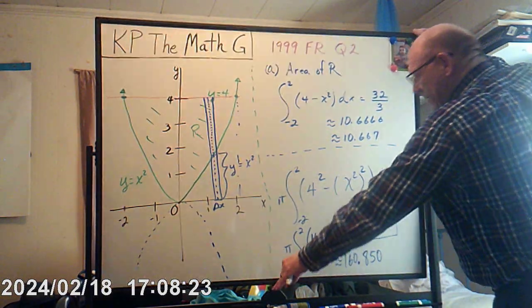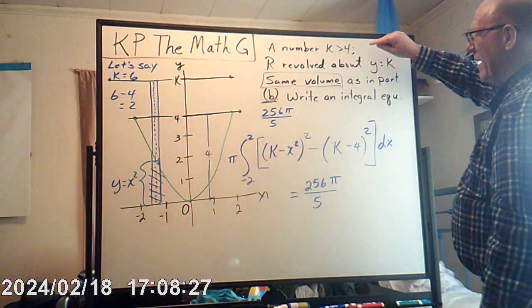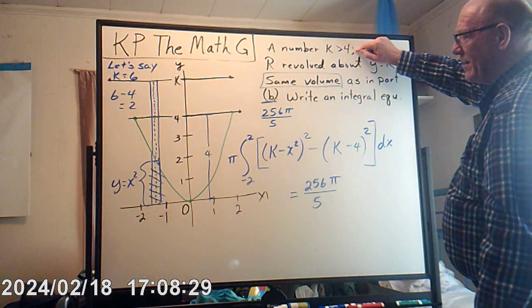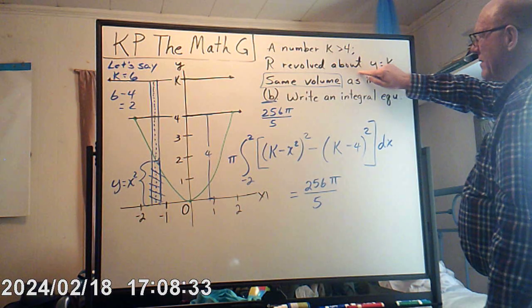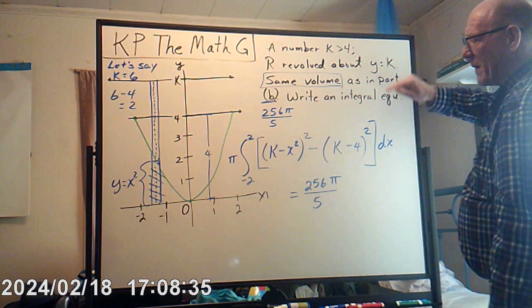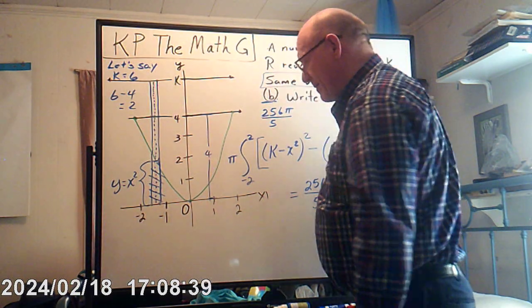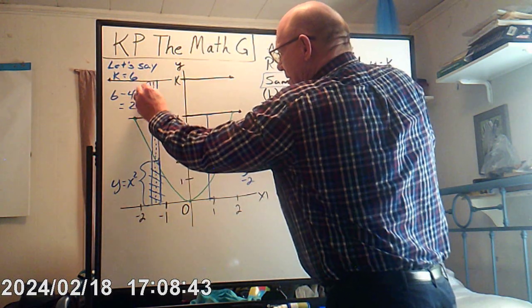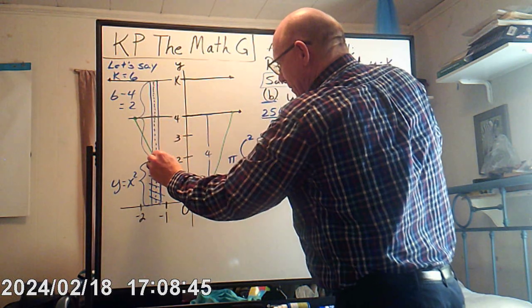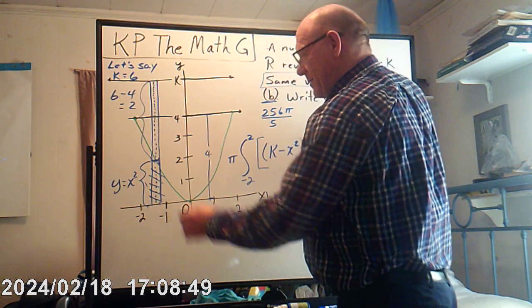And then the third one, we had a lot of stuff. K is greater than 4. Alright? Revolved about y is equal to k. So not the x-axis, but that right here. So I had to figure out how far this is right here. Well, that's k minus this y, which is x squared.